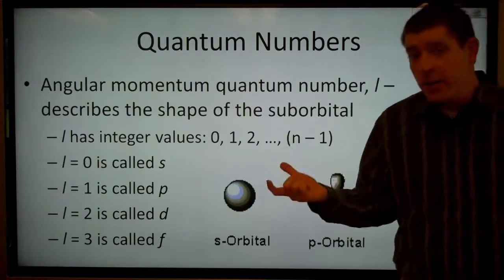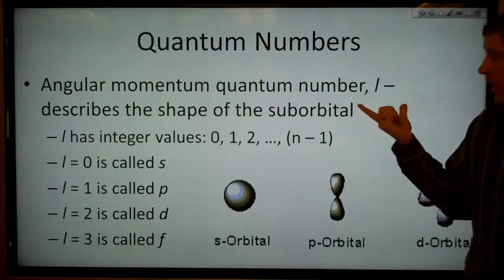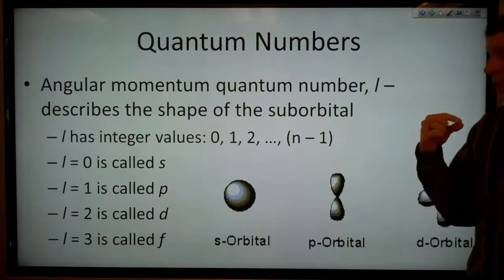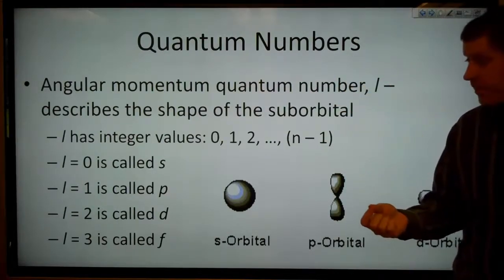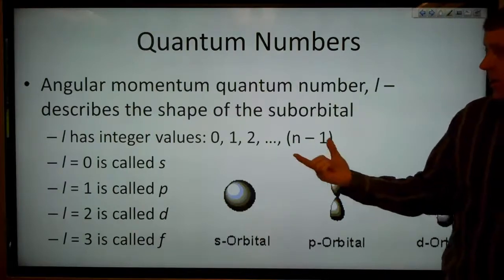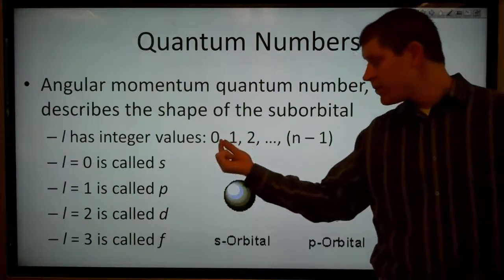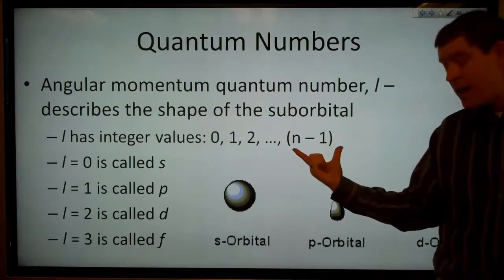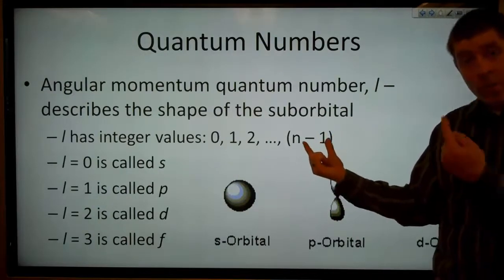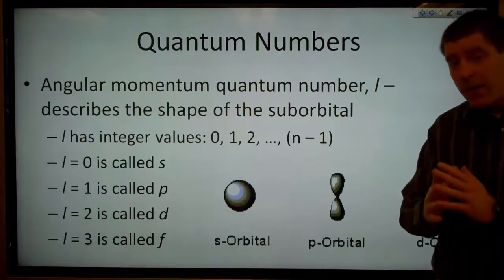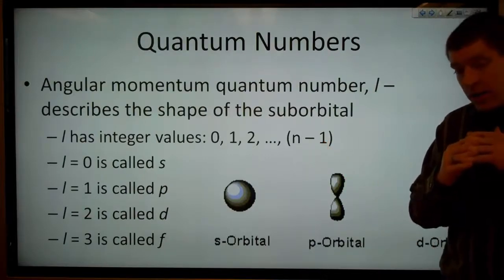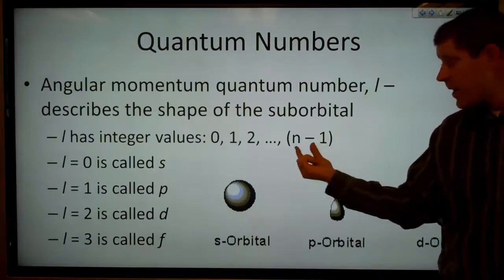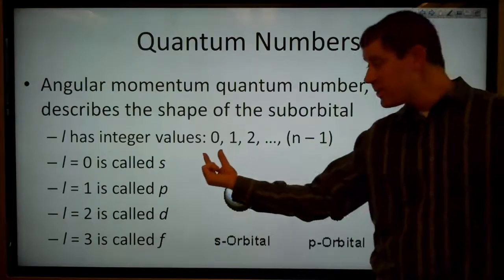The next quantum number, the angular momentum quantum number, or l, describes the shape of the suborbital. l has integer values of 0, 1, 2, and so on, going up to n minus 1. Remember, n was our principal quantum number. If we have an electron in the first energy level, then n minus 1 is 0, which means only 0 is allowed.